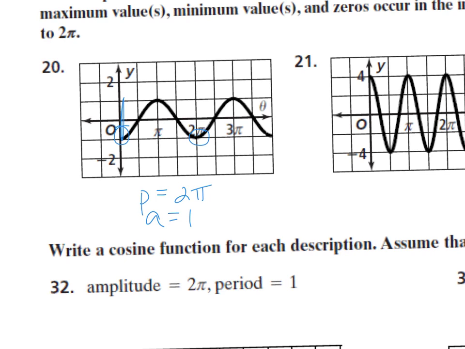And then I'm just going to point out where the maximum values are. Here are the minimum values. And then the zeros are where the x-intercepts are. So I know you just had to do it from 0 to 2 pi, but I'm just showing you all the zeros on this function.